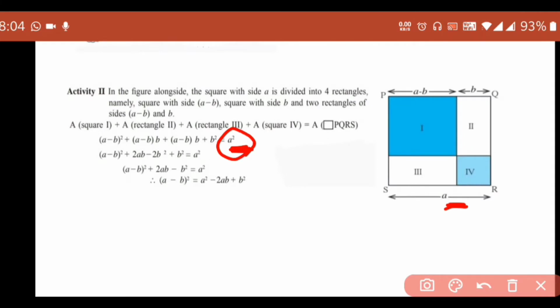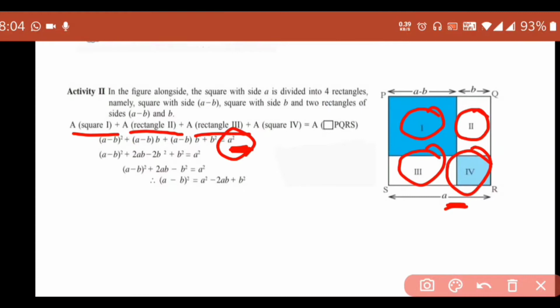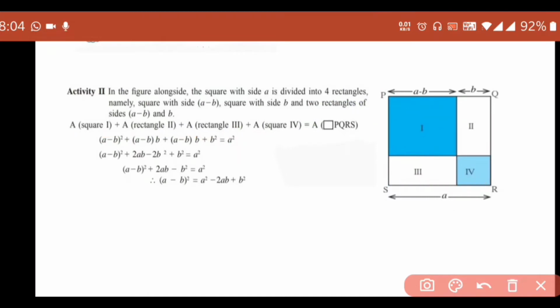And this bigger square is formed due to this square, first square, second rectangle, third rectangle and fourth square. So area of square 1 plus area of rectangle 2 plus area of rectangle 3 plus area of square 4 is equal to area of bigger square PQRS.